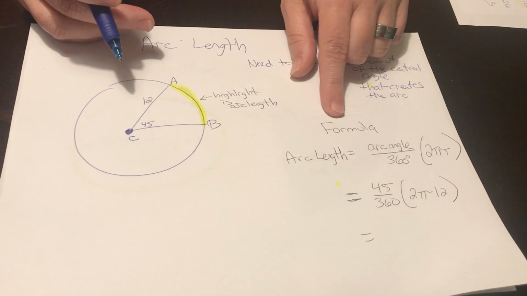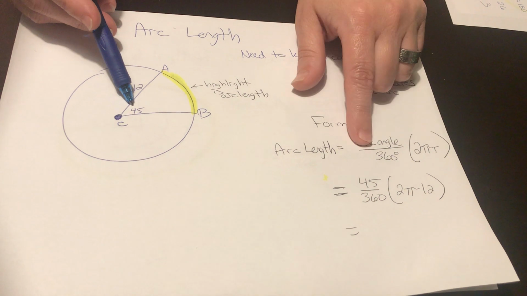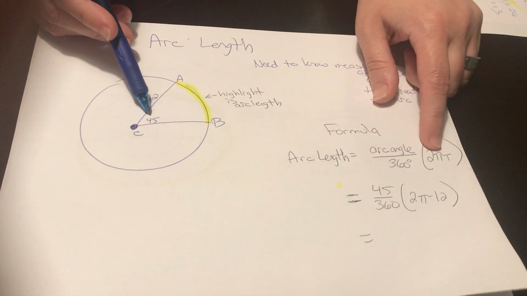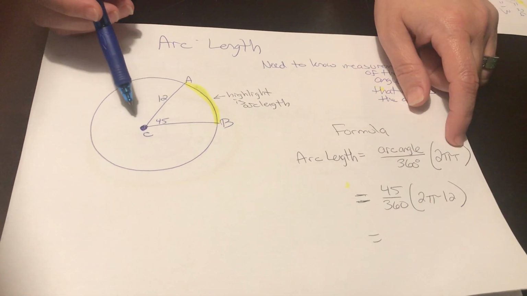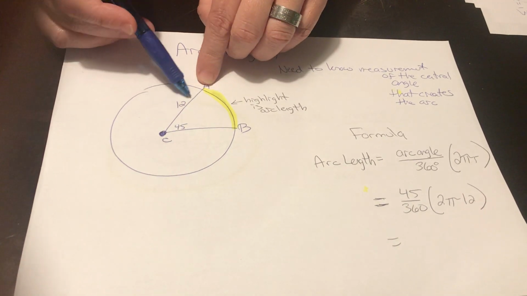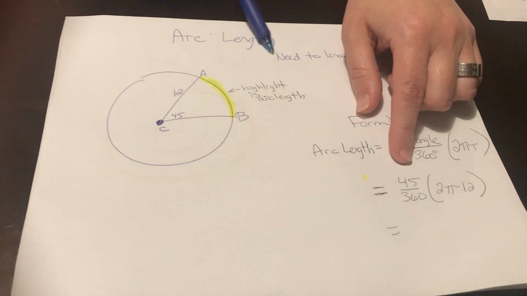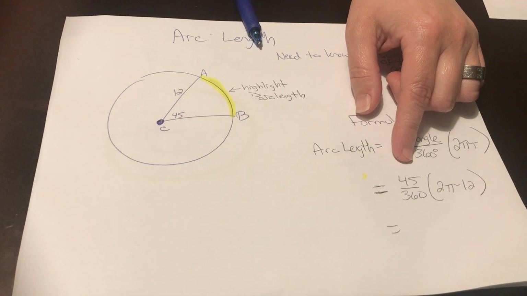So this is the formula. The arc length is the arc angle, which is 45, divided by 360, times 2 times pi times r. They'll give you the radius of the circle, and they'll give you the angle. And basically you just plug it in, put it in your calculator, and you get your answer.